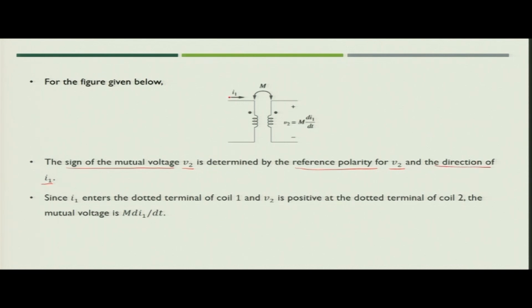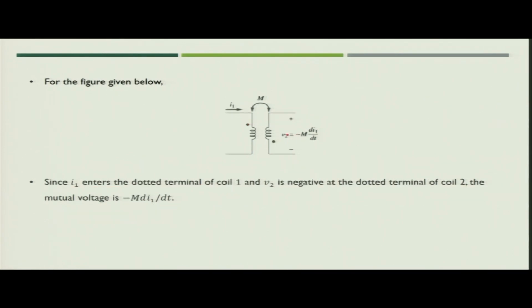So, if you see the current I1 is flowing inside the dot, the reference polarity for V2 will have positive at the dotted terminal on the secondary side. Because I1 enters the dotted terminal of coil 1 and V2 is positive at the dotted terminal of coil 2, the mutual voltage will be positive M dI1 by dt.